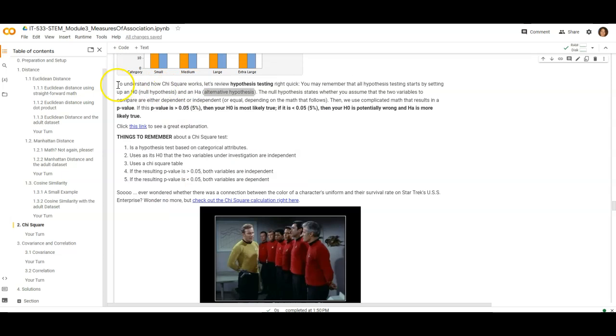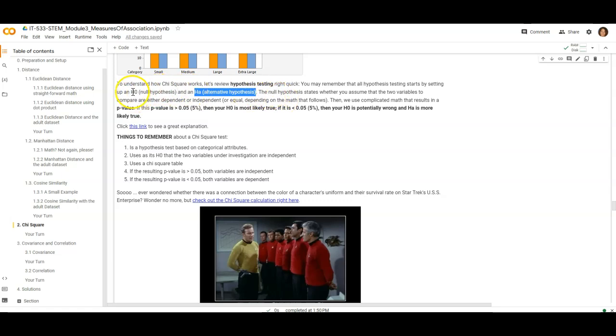All right, so since we're not necessarily working with numbers, we're going to have to work with a different kind of math. That different kind of math is called hypothesis testing. So you may remember that all hypothesis testing starts by setting up a null hypothesis, often called H-null, and an alternative hypothesis, often also called HA.